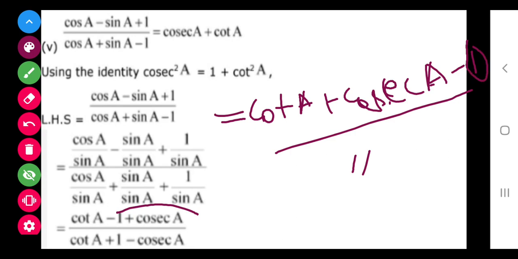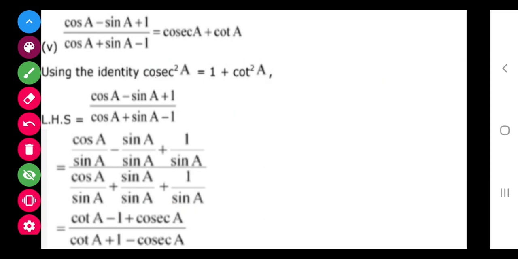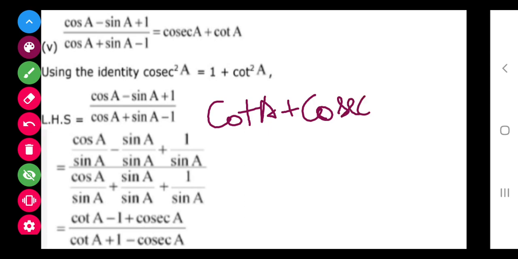Now in place of this 1, from this equation, I will write cosec square A minus cot square A. Now it will become cot A plus cosec A, one term.